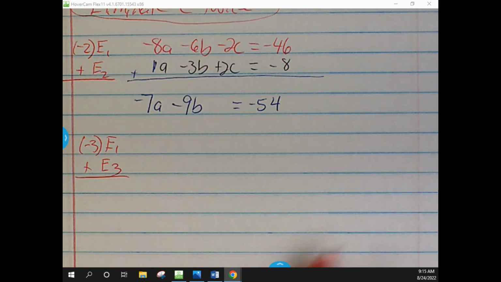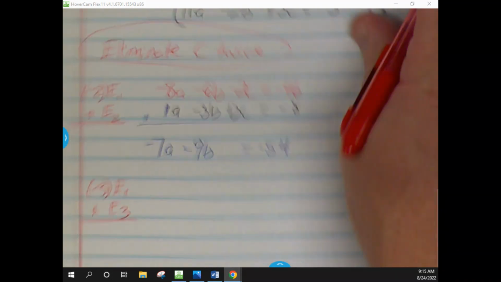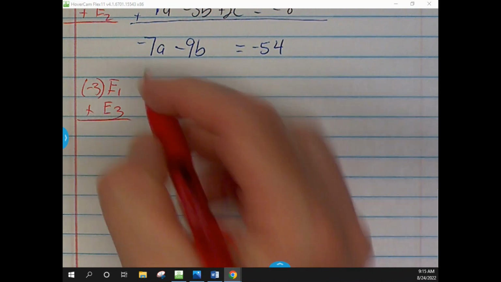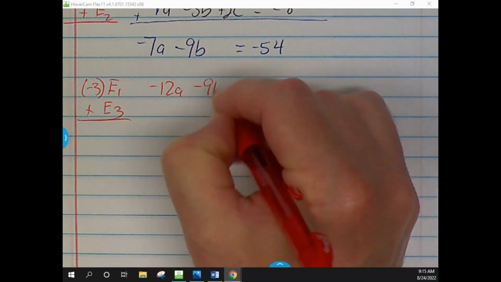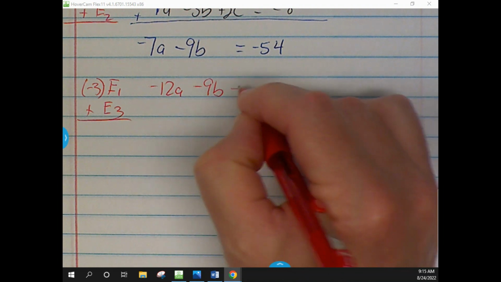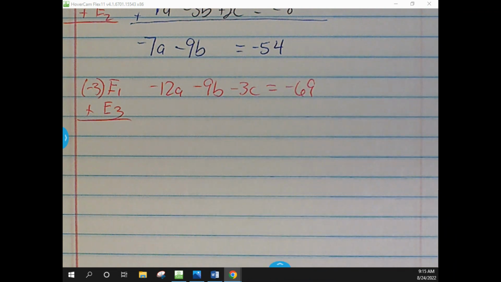So taking everything in equation 1 and multiplying it by -3, that's going to be -12a minus 9b minus 3c equals -69.